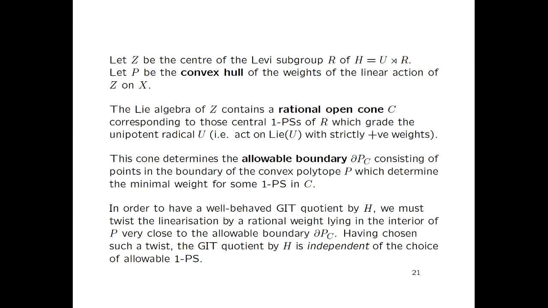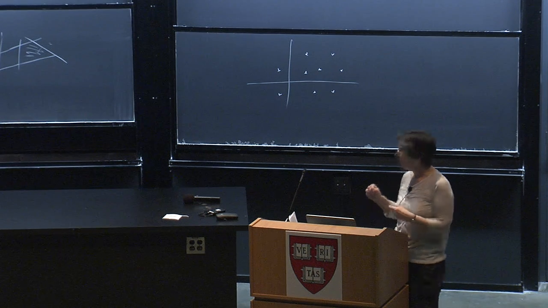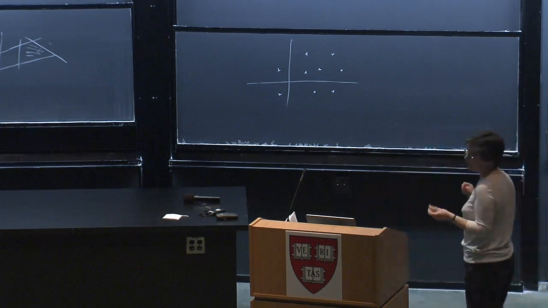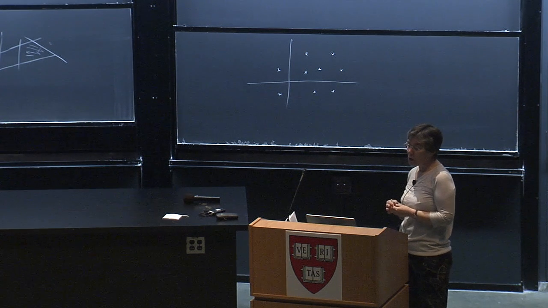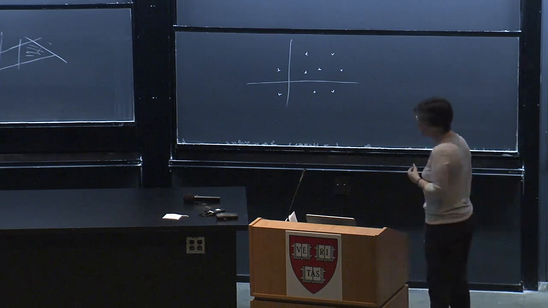subgroup. So what you have to look at is the center of the Levi subgroup, which I call Z, and we can look at the weights of the action of this center, this nice torus, on our projective variety.